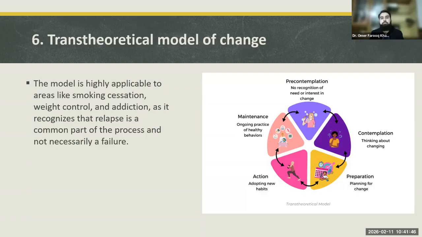They used to take 20 cigarettes a day, and now they are taking 4 or 5 cigarettes, and they are increasing the intensity of this behavior change. And gradually they come to 1 or 2 cigarettes per day, and within 15 days or within 30 days they have stopped smoking altogether.